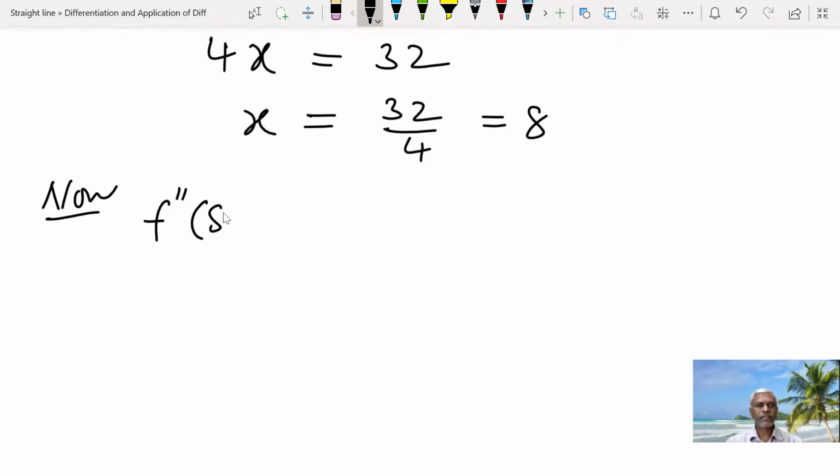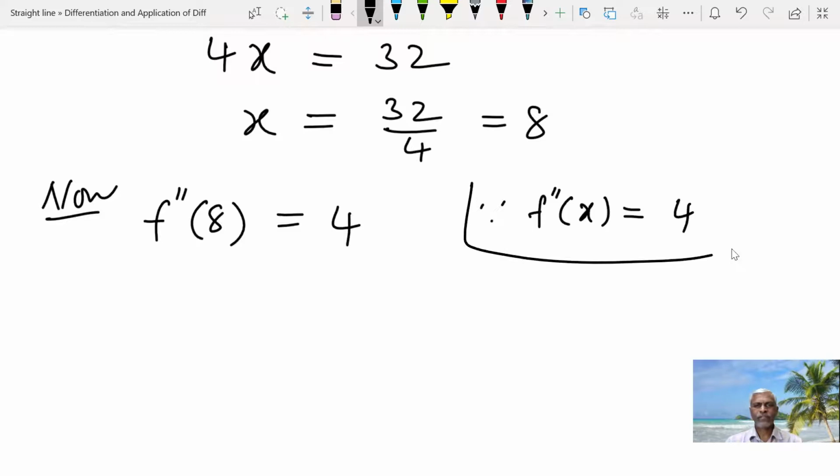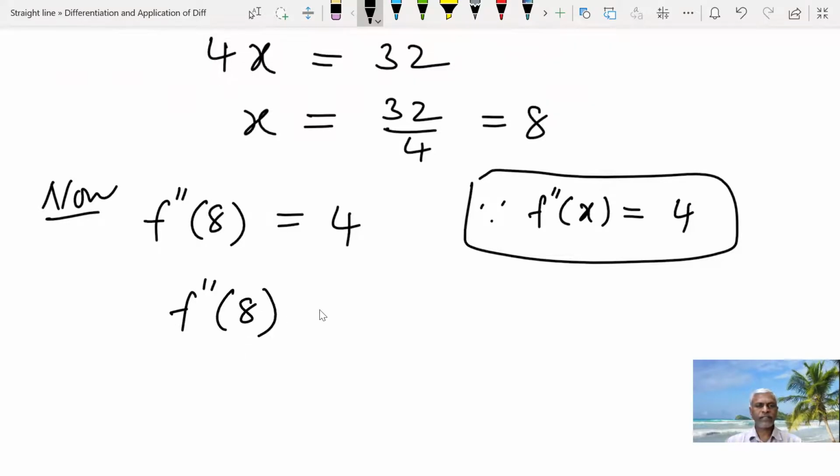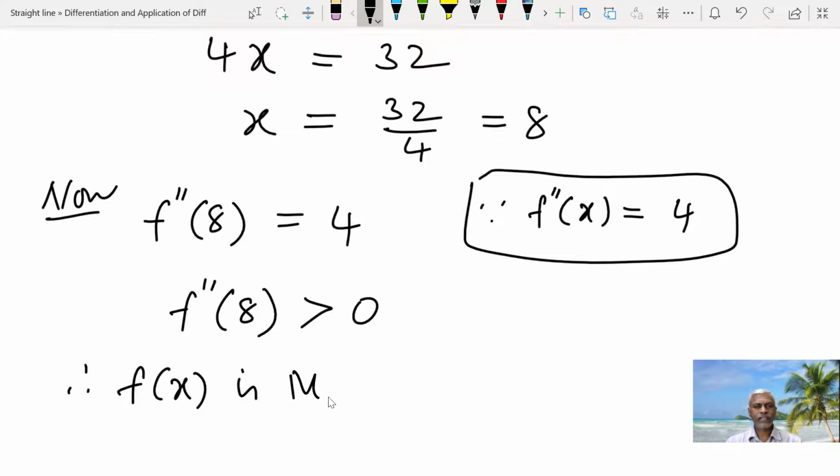f double dash at 8. Since it is a constant, f double dash x is equal to 4. So in place of x, 8, the value does not change, it is independent of x. 4 is greater than 0. f double dash x is greater than 0. Therefore, the function is minimum at x is equal to 8.